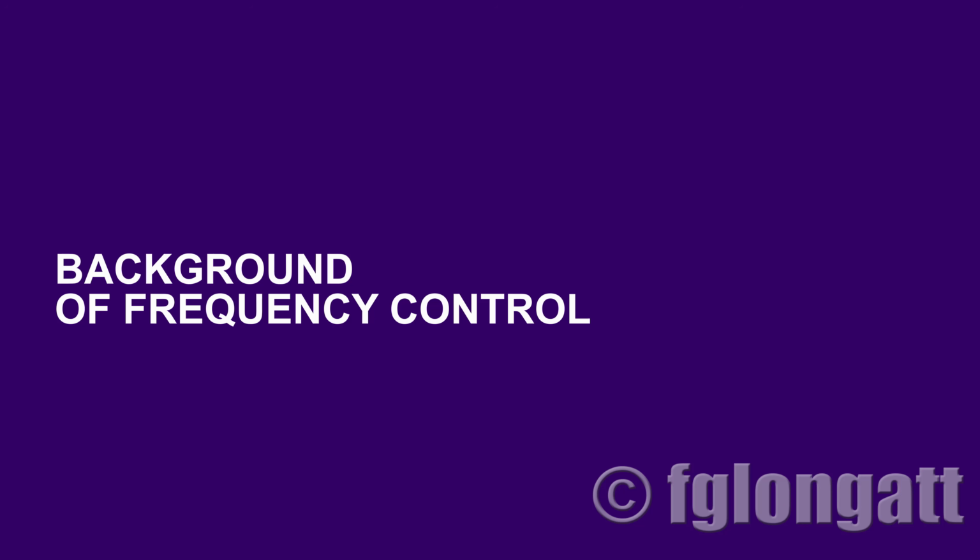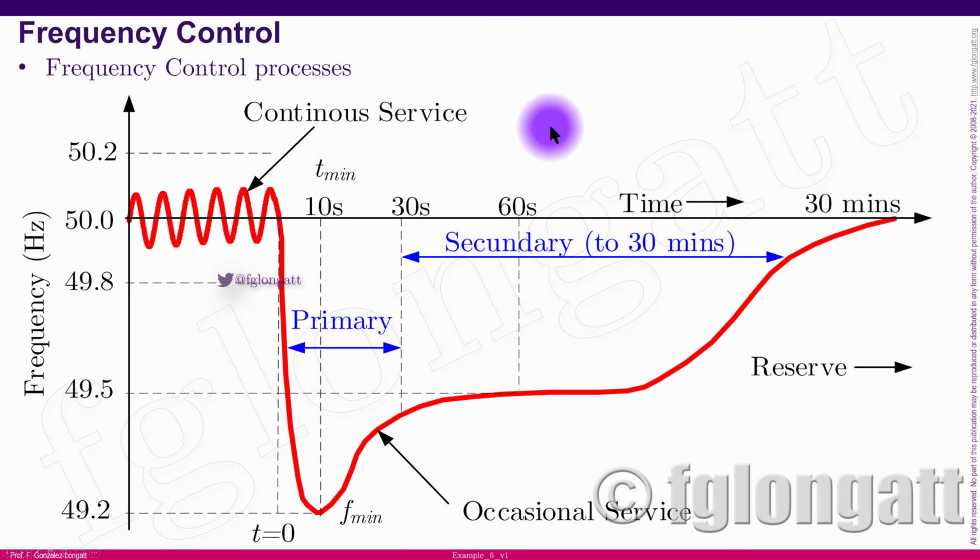Before we start, just a very short overview about frequency control, okay? All of you already know that when we have an under-frequency event, the frequency goes down. I mean, when we have a generator outage, we have a deficit of generation. As a consequence, the machines slow down and the frequency goes down, okay? For that reason, we have what we call the primary frequency control.